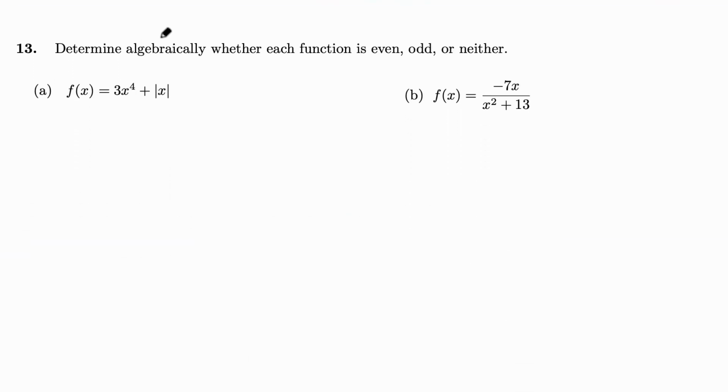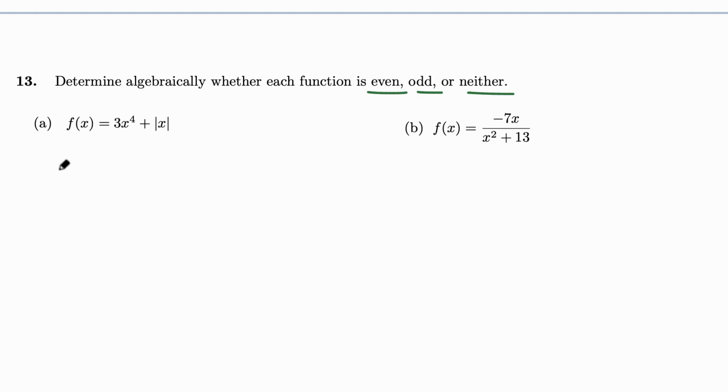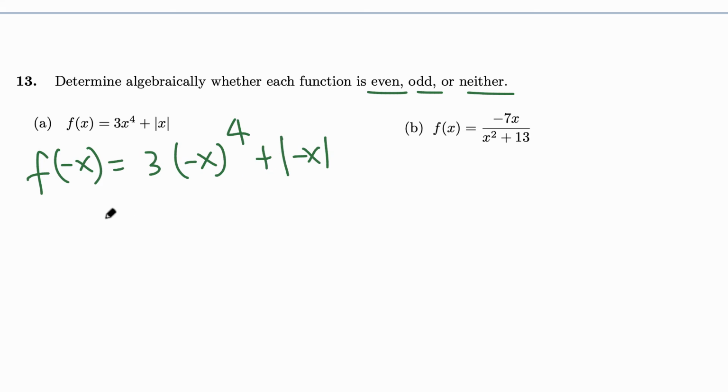And determine algebraically whether each function is even, odd, or neither. So we plug in x equals -x. So here we replace x throughout by -x. That means 3 times (-x) to the 4th plus absolute value of -x. Let's simplify this.